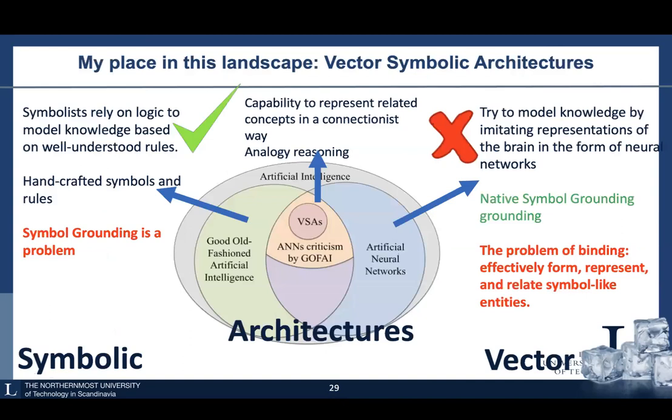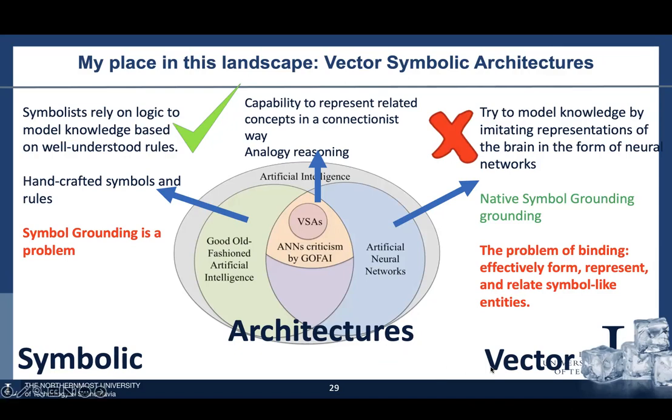But again, I have to be clear here. It's not a question that we should choose one or another approach. Both approaches have their own advantages.